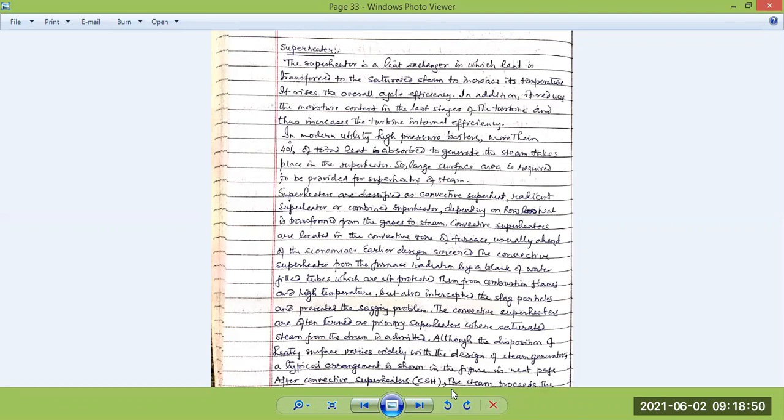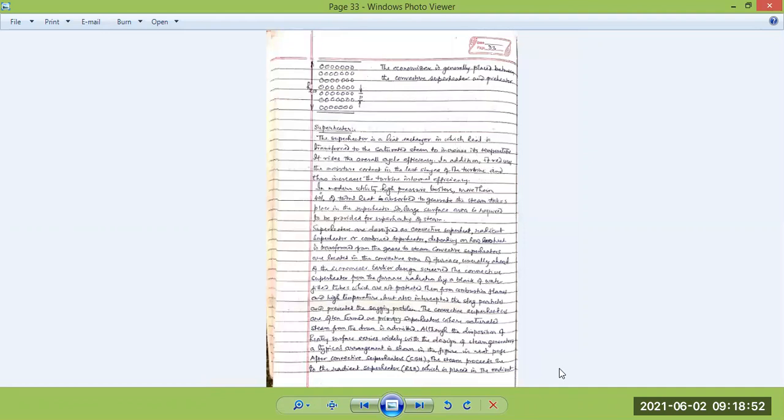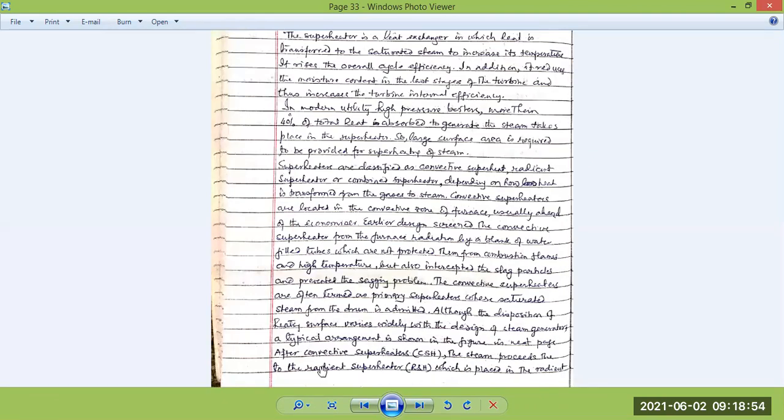After the convective superheater CSH, the steam proceeds through the radiant superheater RSH. This is placed in the radiant zone of the furnace, near the water wall, to absorb heat by radiation.